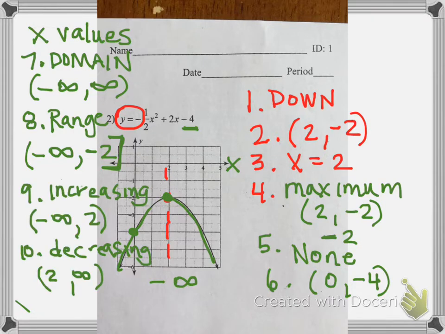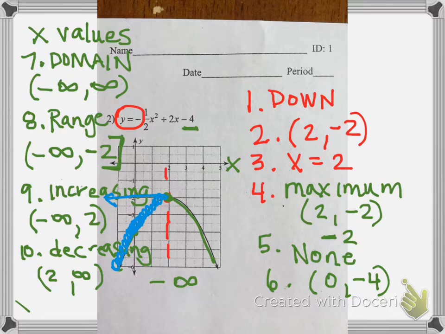Let's talk about increasing and decreasing. Here's where the graph is increasing. I always look at a graph from left to right, just like you'd read a book. Increasing is like walking up the hill. Your slope is increasing. Here's how I think you should think about it: you look at y, but you always answer with x values.